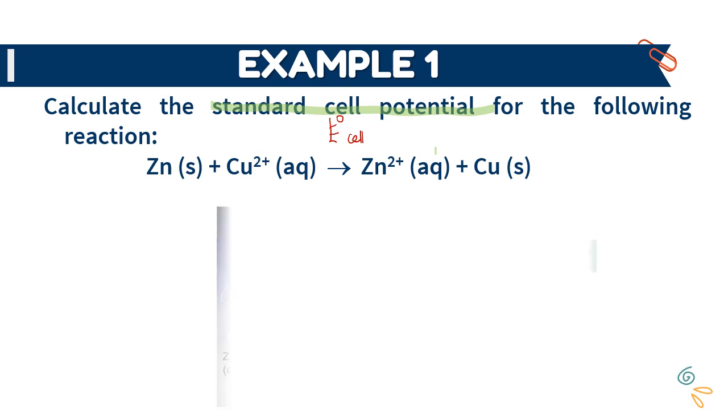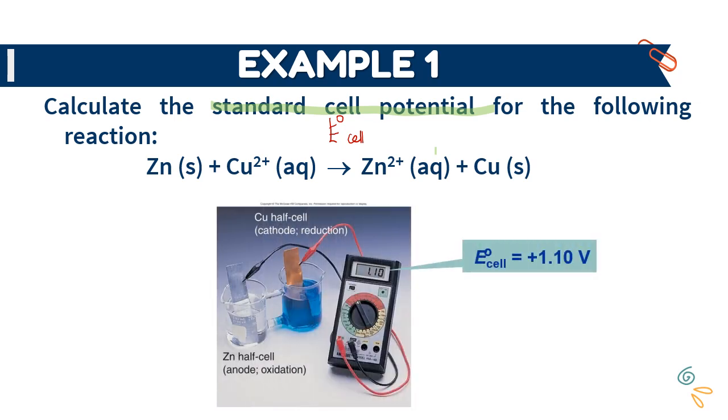If we have a setup of our galvanic cell, you can see over here two different beakers with two different electrolytes and two different electrodes. At the voltmeter, there is a reading of positive 1.10.